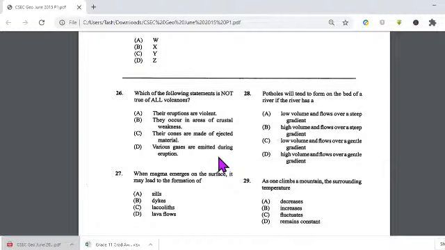The basic lava, it's a lot more runny. So as a result of that, as well as the makeup of it, it does not react very violently. So it may just flow over and just keep running without all the violence that is involved in some of the other volcanoes. So for 26, our answer is letter A.